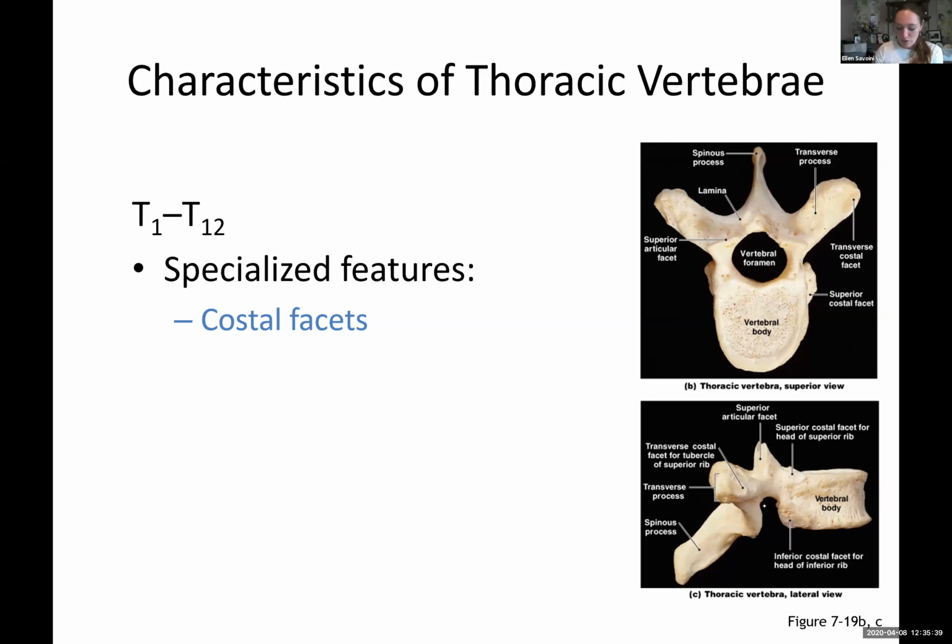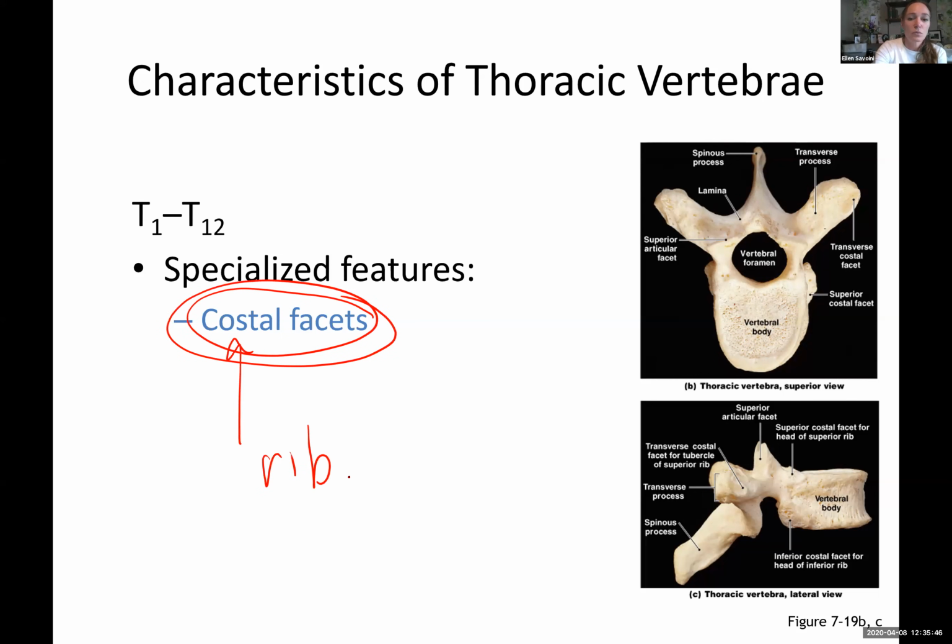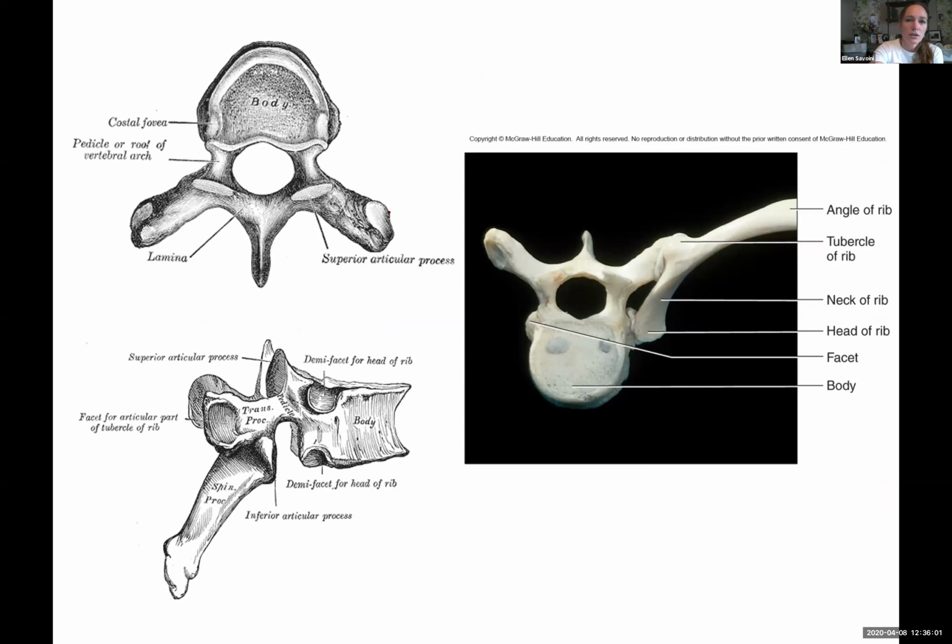Okay. Thoracic vertebrae, we'll get into that next. The specialized feature is the costal facet; the word costal means rib. The costal facet is a smooth part on your transverse process because the ribs stick out. You can see here's a costal facet, here's a costal facet, here it is too.